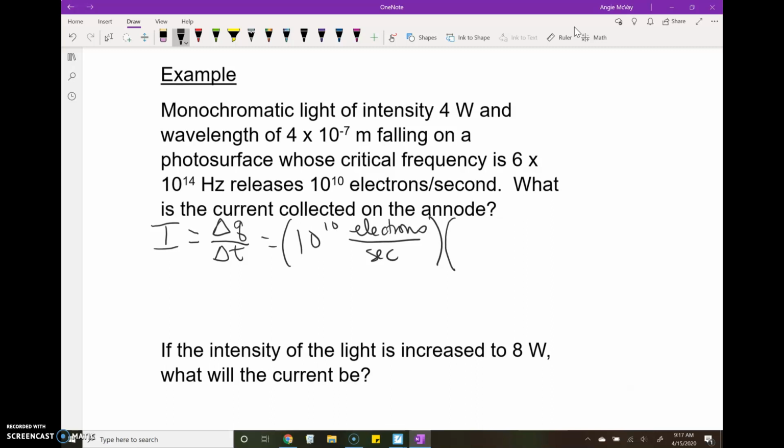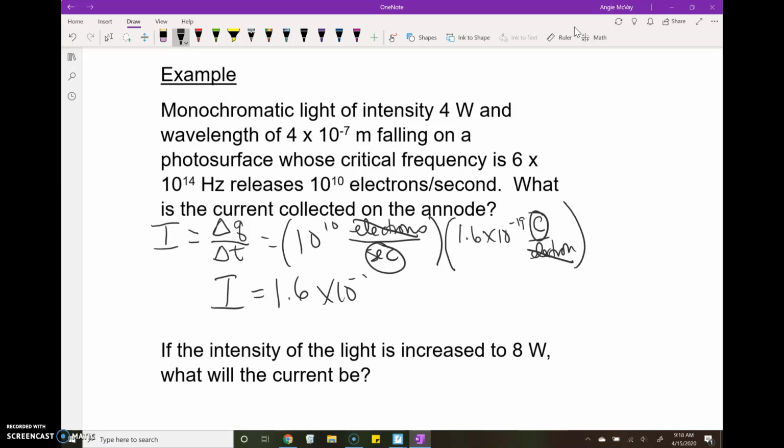Well, we do know that an electron has a charge of 1.6 times 10 to the minus 19 coulombs for every electron. So these electrons cancel, and we end up with coulombs per second, and this is all conceptual. And so we end up with a current equal to 1.6 times 10 to the minus 9 coulombs per second, amps. Boom.